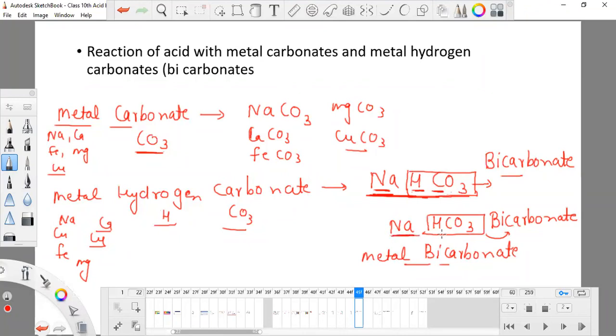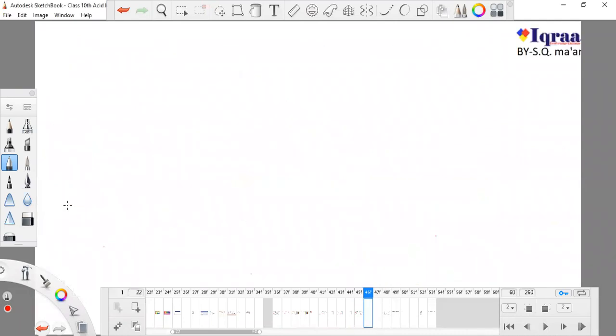This is sodium and this is known as bicarbonate. Now we are going to study how acids react with sodium carbonate and sodium bicarbonate. First I'm taking metal carbonate.